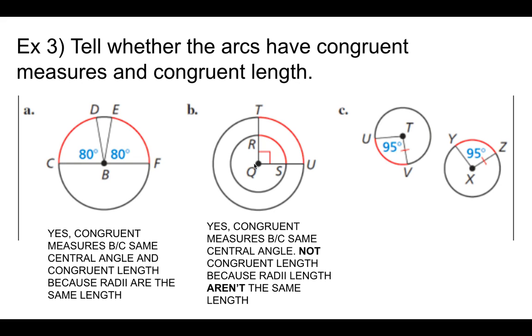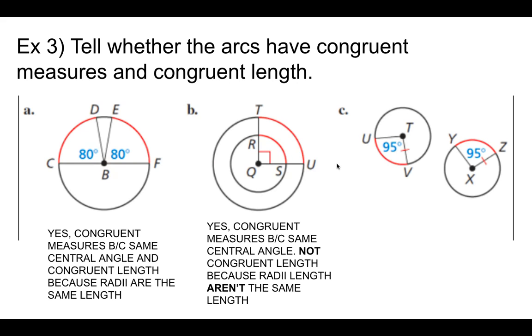And in this case, because that central angle is 90 degrees, then of course arc RS represents 90 degrees of its circle, as well as arc TU represents 90 degrees of the circle that it belongs to.